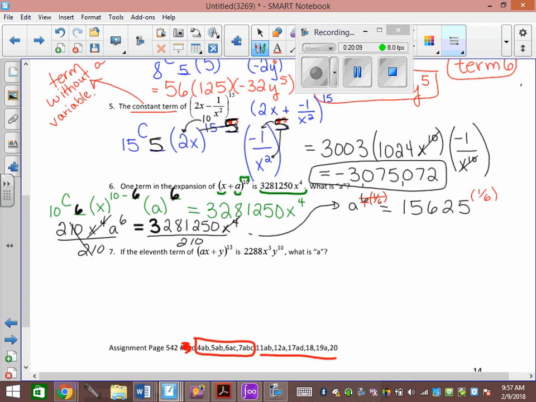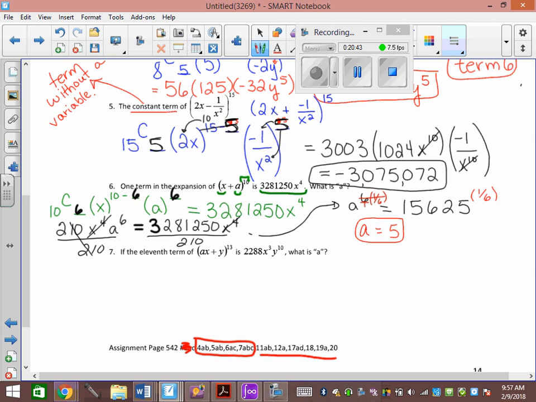Or what it's thinking you're doing is 15,625 to the power of 1, divided by 6. Is that really what you want? No, you want to the power of 1/6. Even if your calculator pops up, putting it in brackets doesn't harm it. If you always put fractions in brackets, it'll always work. So what do you get? a equals 5.